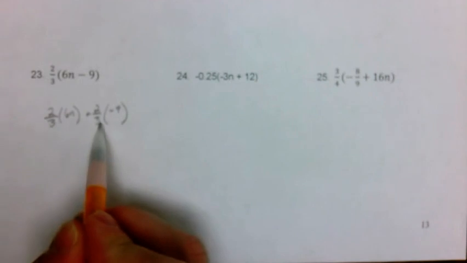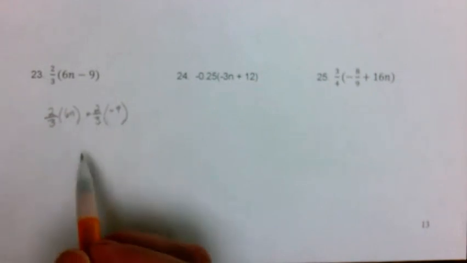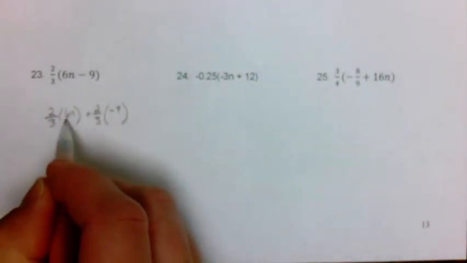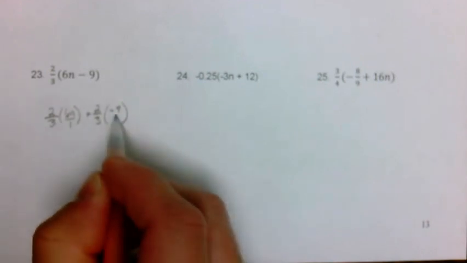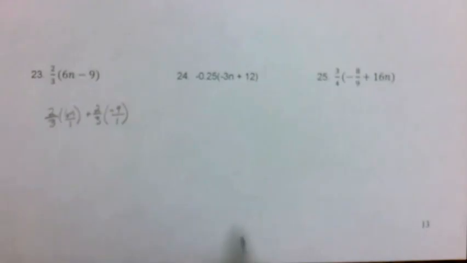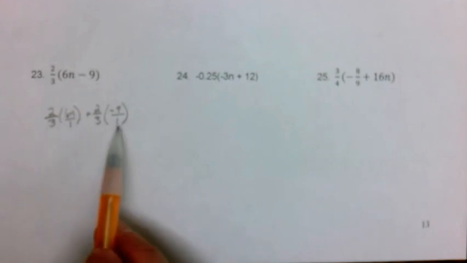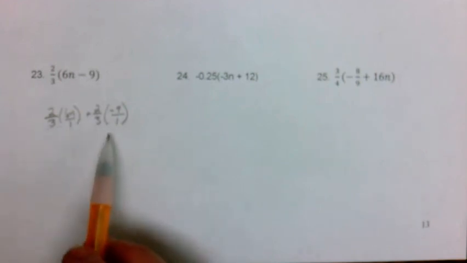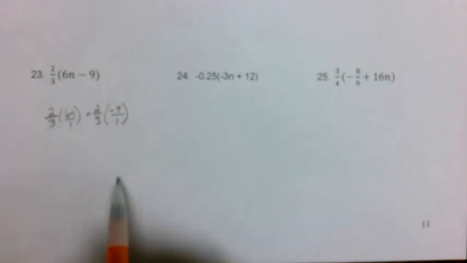Now, when I distribute a fraction, I actually like to make everything look like fractions. 6n is the same as 6n over 1, and negative 9 is the same as negative 9 over 1. So in each part of this problem now, it's just a fraction multiplied by a fraction. Before we multiply fractions, though, it's important to see if you can simplify before you multiply.